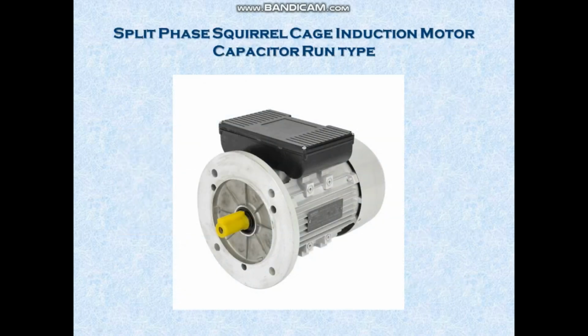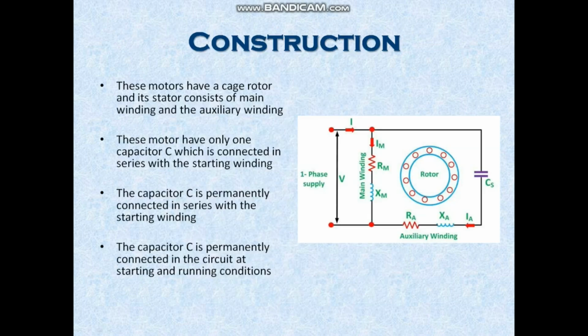Split-phase squirrel cage induction motor, capacitor run type. Let's see its construction. These motors have a cage rotor and its stator consists of main winding and the auxiliary winding. These motors have only one capacitor which is connected in series with the starting winding.